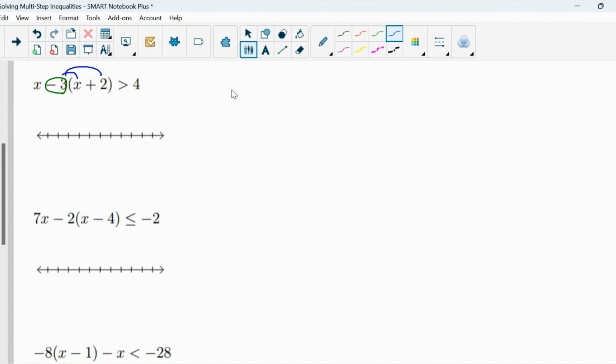So x stays on the outside, gives us x, negative 3 minus x gives us negative 3x, negative 3 times 2 gives us negative 6, is greater than 4.